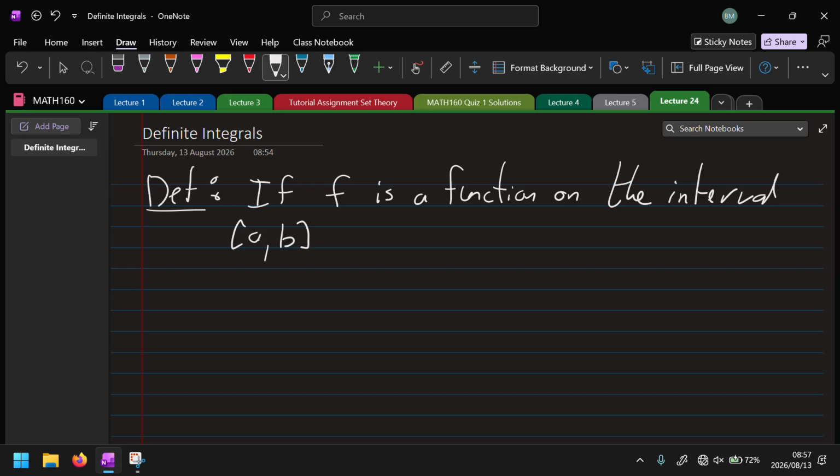Okay, so I hope you remember continuity on a closed interval, differentiability on an open interval. If you forgot that, please make a note on the side.